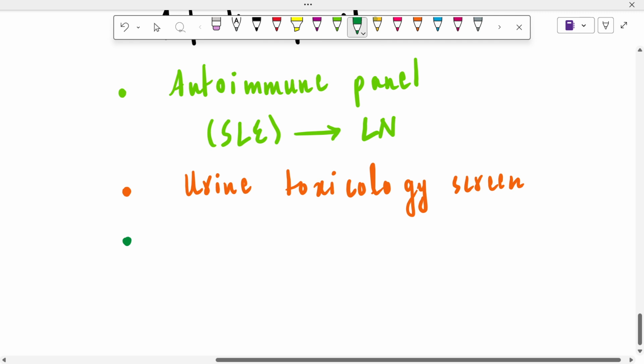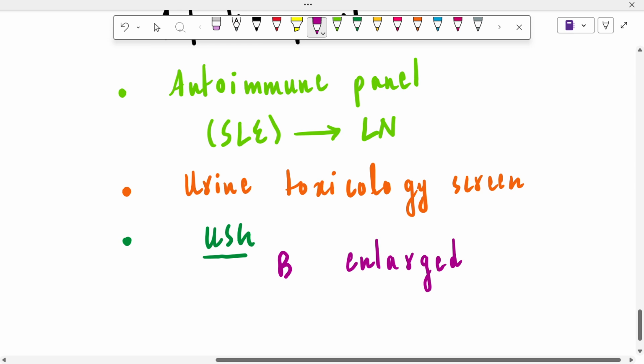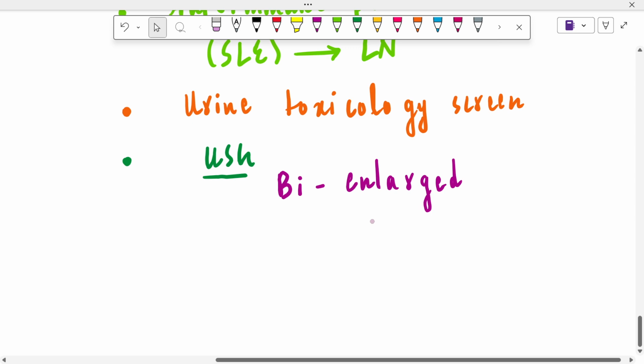Also, we can do ultrasonography, right? In case of ultrasound, we are going to find bilaterally enlarged kidneys. But bilateral enlarged kidneys are not specific to FSGS. They are also present in polycystic kidney disease, both autosomal dominant and recessive.